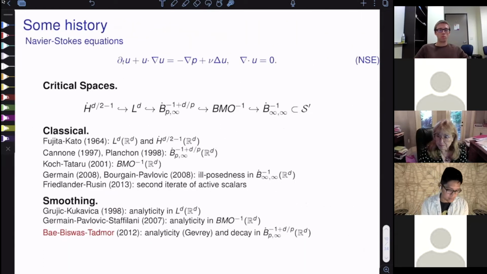Some history into these considerations, in particular for the Navier-Stokes equations. The study of the well-posedness of the Navier-Stokes equations in the scaling critical setting goes back to Fujita and Kato in the 60s, where they established existence and uniqueness of solutions in the scaling critical space L^d, so that's the L^p space where p is equal to the dimension of the domain, and then also the Sobolev space H^(d/2 minus 1).